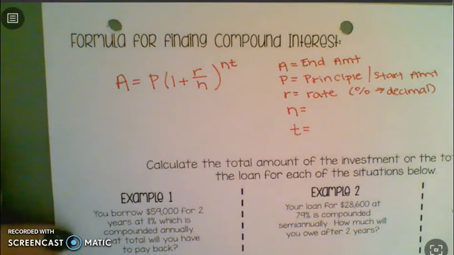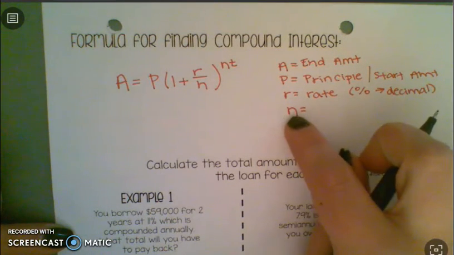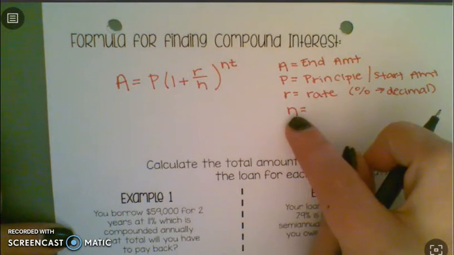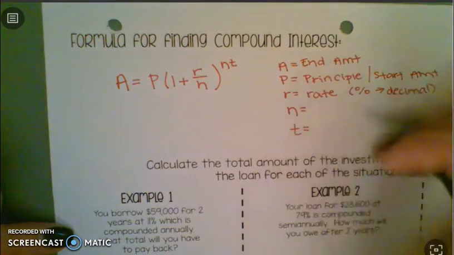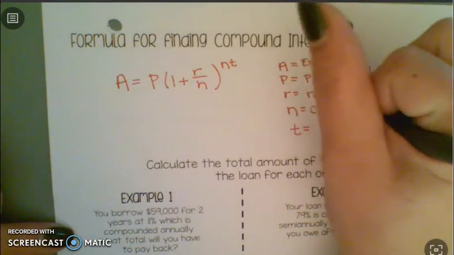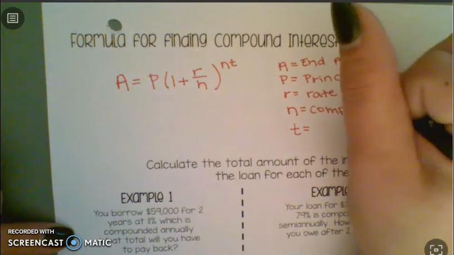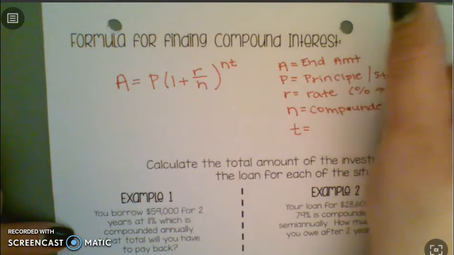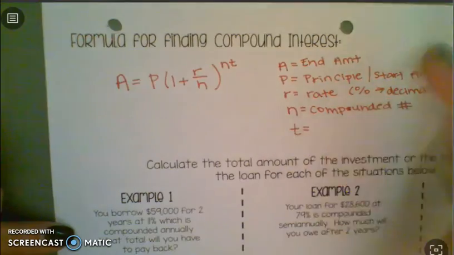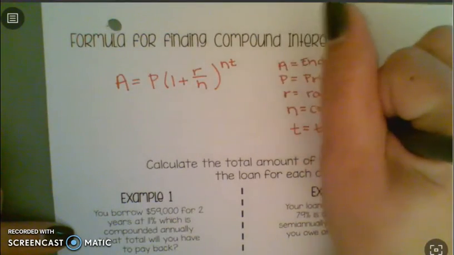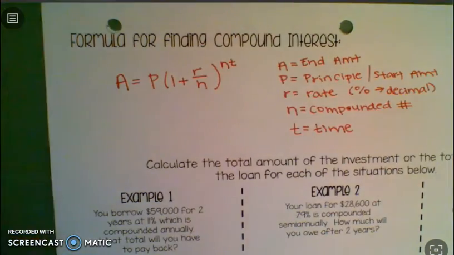And then we have N, which is new to us. That's the compound part. So in all of these problems, they're going to say compounded by a certain amount, and that's what N is. So that's your compounded number. And we'll talk about what that means in a minute. And then T, just like before, is your time.